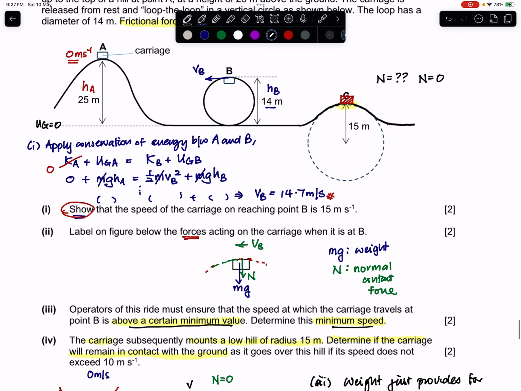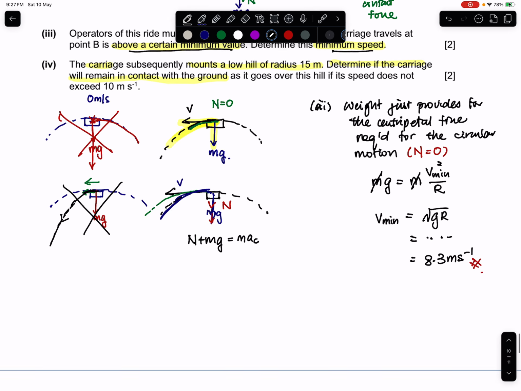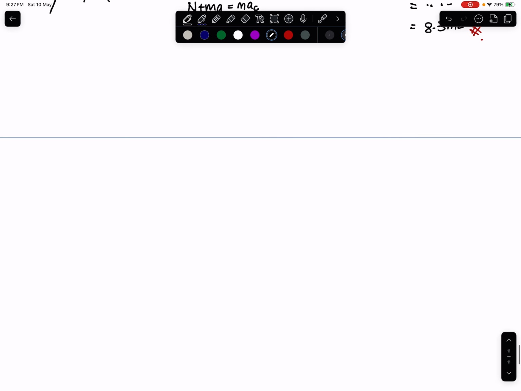The next thing we need to do is draw a free body diagram for this particular carriage at point C. I'm going to move down and draw the free body diagram and solve it separately here instead. So this is part 4. This is point C, and we have the carriage down here. We're going to assume at this point in time there is a normal contact force, and there's going to be an mg.